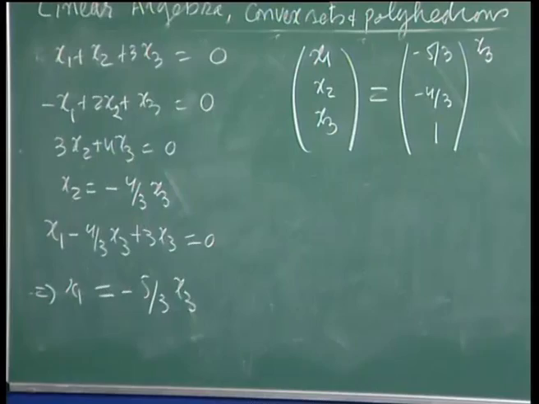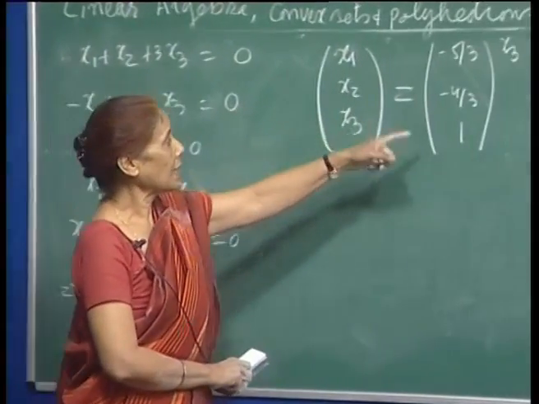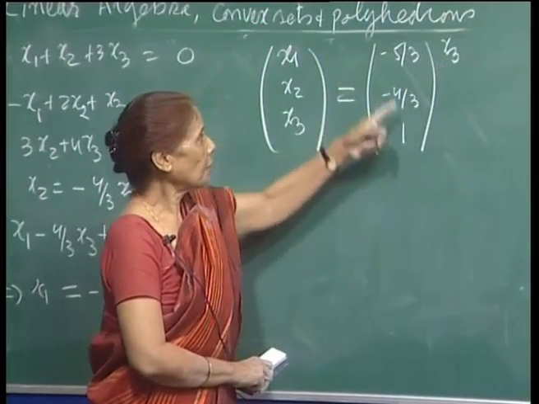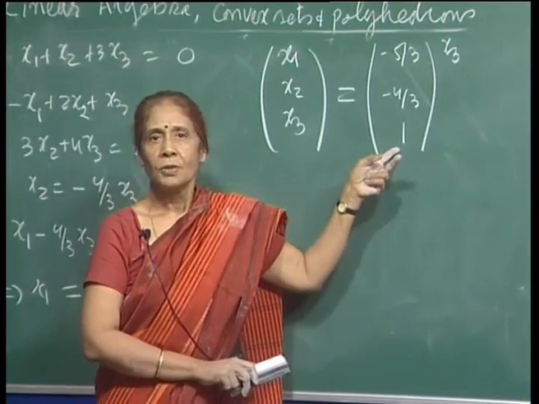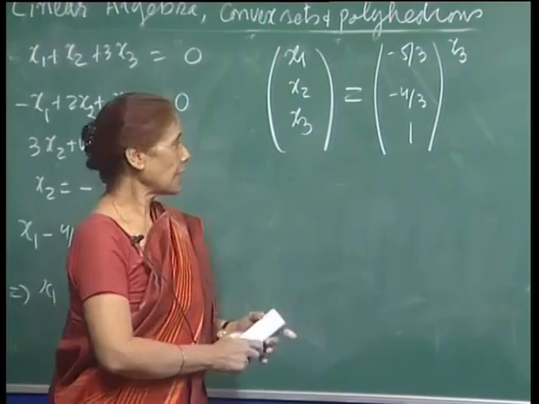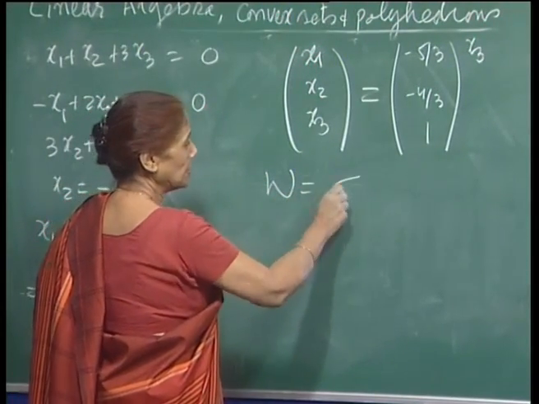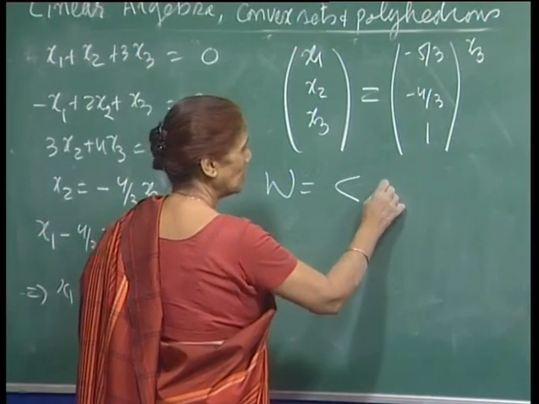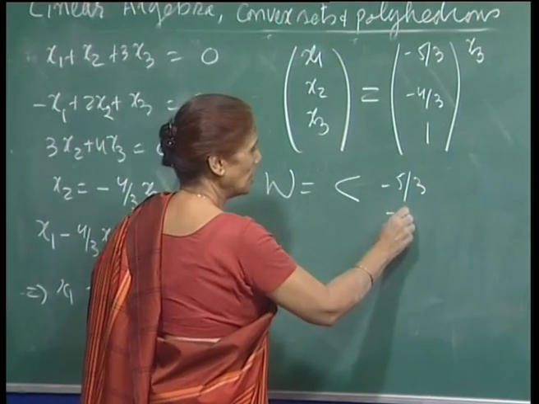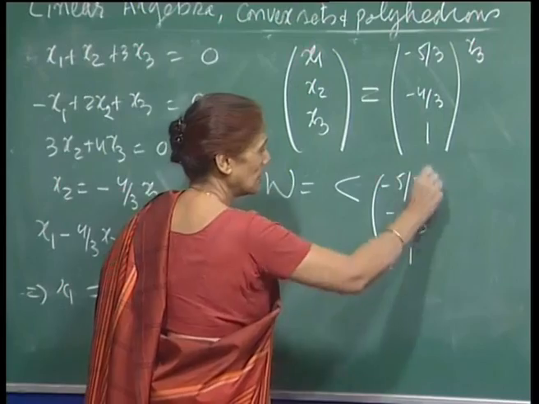So the solution space of this system of equations can be written as a scalar multiple of this vector. If I write W as the solution space, then it is the linear combination of the vector minus 5 by 3, minus 4 by 3 and 1.